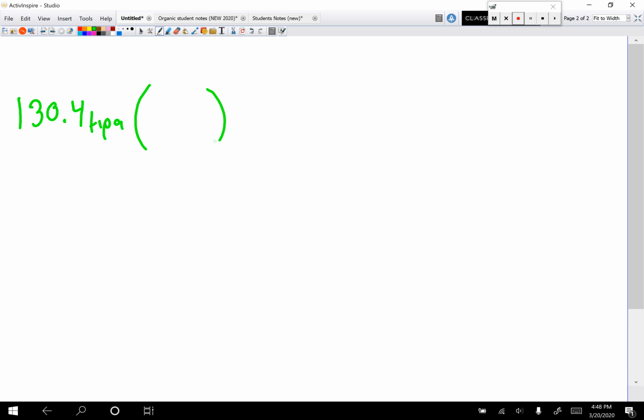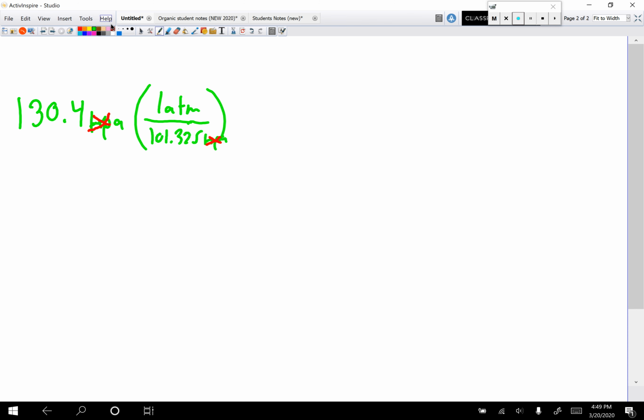However, we could convert kPa to atmospheres, so we know that there was 1 atmosphere and 101.325 kPa. If we did this, our final answer is going to be in atmospheres. So I'll cross those out. Our kPa would cancel out, and then we're left with atmospheres.